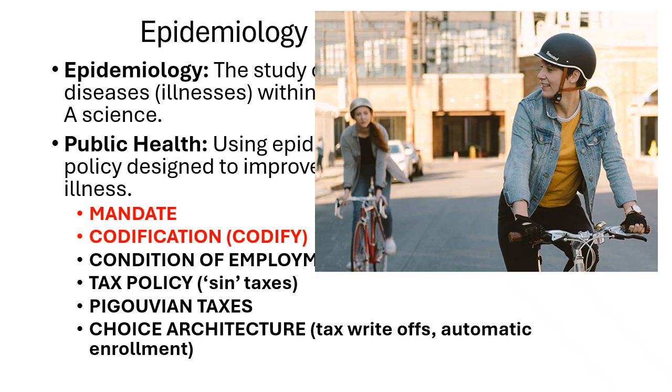What about bicycle helmets? Well, in some places it's mandatory to have a helmet when you ride a bicycle. In other places it is not. So this is kind of interesting. In Canada, it is universally mandated that everywhere in Canada you have to wear a helmet on a motorcycle or a scooter. And basically everywhere in Canada, you have to wear a seat belt. Right, so those are two mandates that have no exceptions.